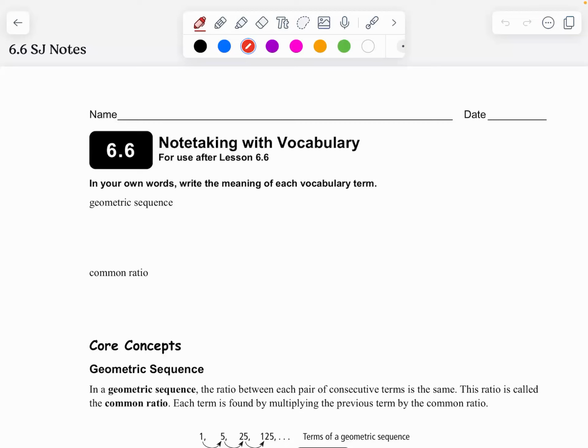All right. So we are going to talk today about something called a sequence. First of all, up here, I want you to write that a sequence is a list of numbers that follow a pattern.